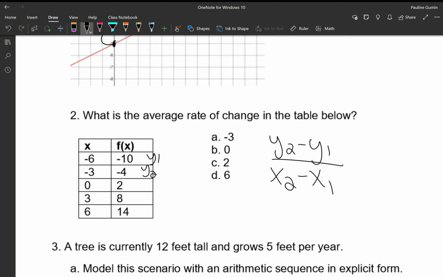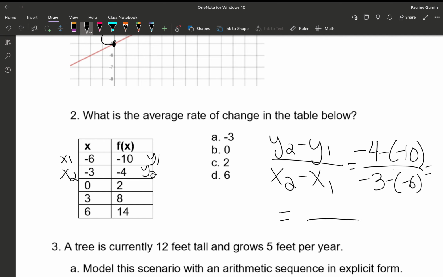Now when I plug this into my calculator, negative 4 minus negative 10 gives me positive 6, and negative 3 minus negative 6 gives me a positive 3. Now unfortunately, I don't see any answer that looks like 6 over 3, so I'm going to simplify it. 6 divided by 3 is 2, so C is our answer.